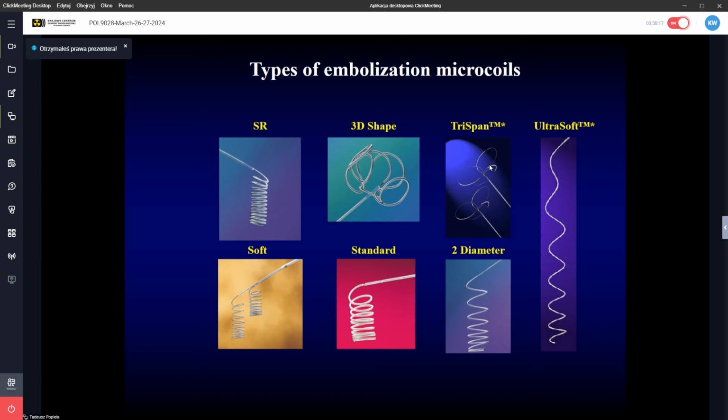I mentioned that we have different types of microembolization coils, and depending on our experience and the pathology, we can choose the right one.